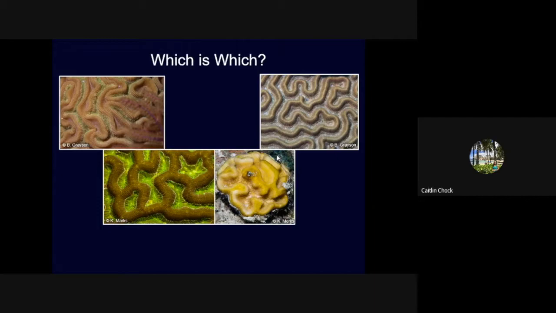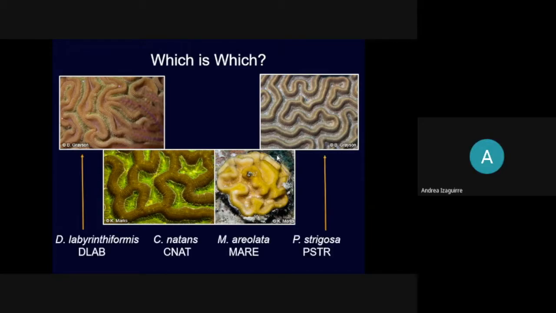And next to it is the MARE, and that one is really small and it looks like a scrunchie. And then it's the PSTR, and that one has narrower valleys and ridges. Yes, this is all correct.